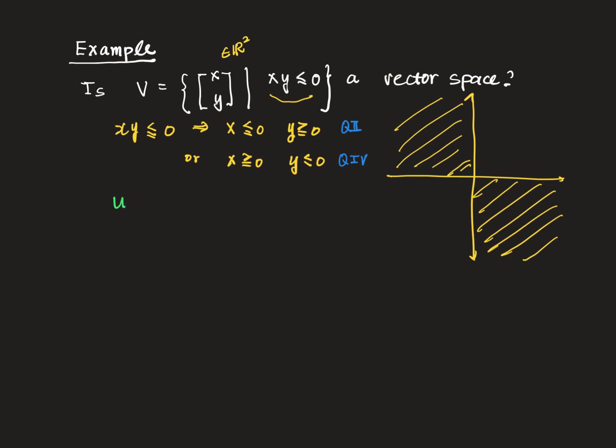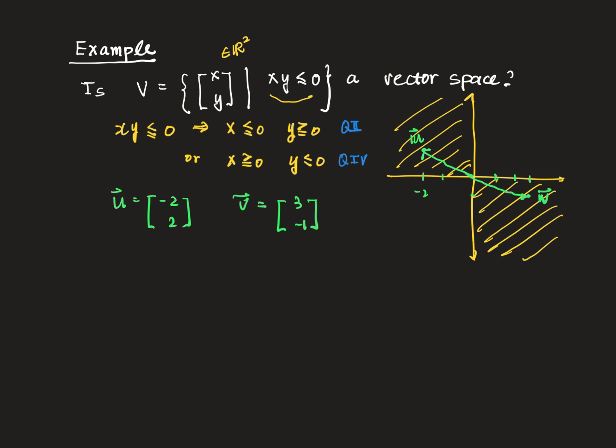Let's say U vector is -2 and 2. That's the second quadrant, so I'm going to put this U vector here. Right, guys? V vector, you're going to pick 3 and -1: 1, 2, 3, -1. You're going to put the V vector right there.